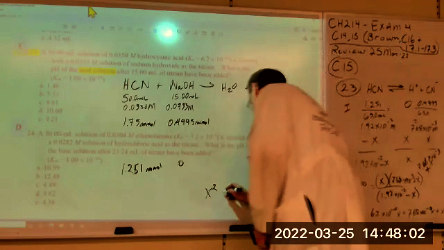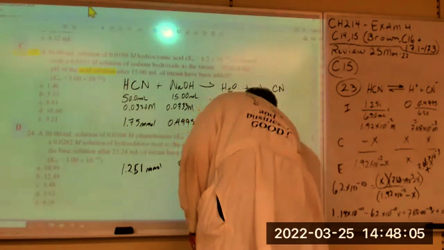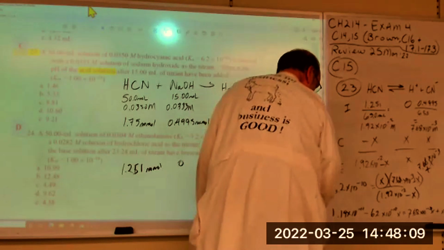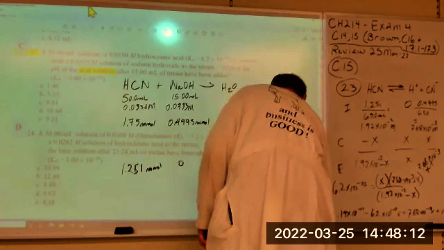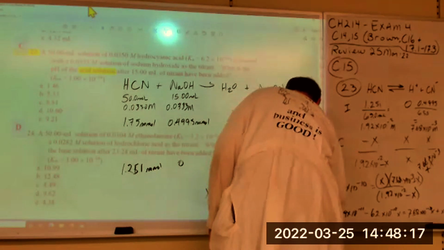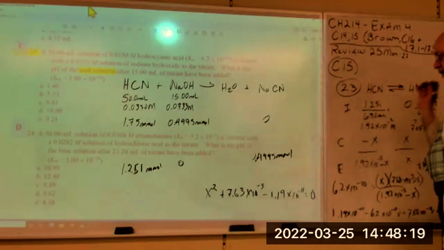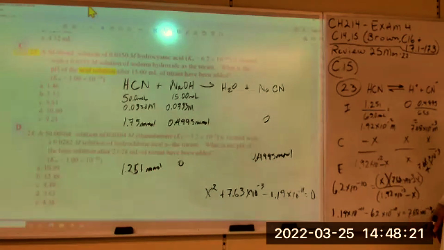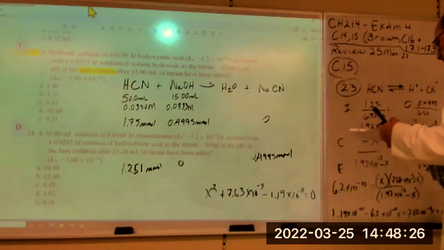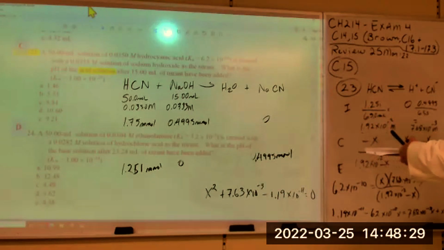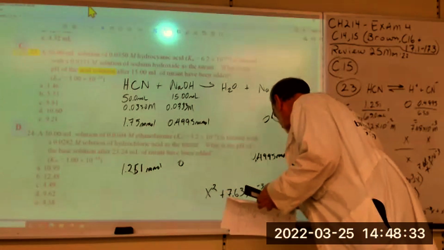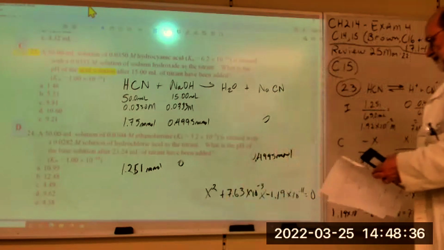That's why we had 7.68 times 10 to the minus 3, and then minus 1.19 times 10 to the minus 11 equals 0. Then we solve the quadratic. Oh, this needs to be an x. There we go.